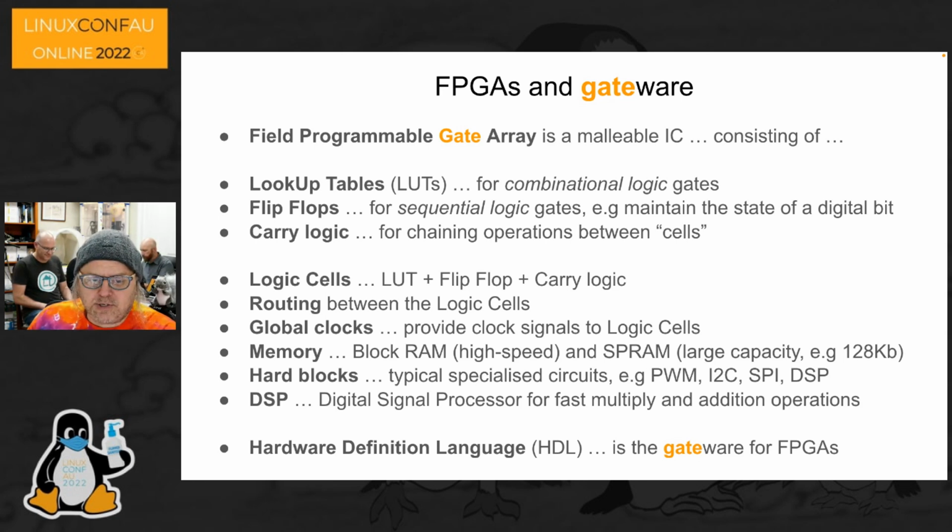The other thing FPGAs provide, so you don't have to do everything yourself using your own logic gates, is specialized circuits for doing I2C or SPI buses, and digital signal processors for doing fast arithmetic. And so the gateware is the definition language that allows you to describe your FPGA and then program it. So this is what's called the gateware.